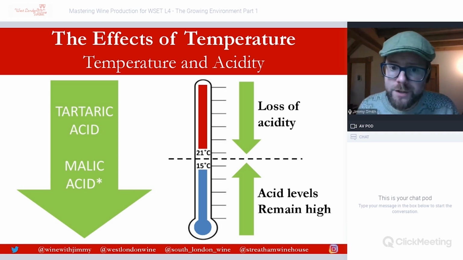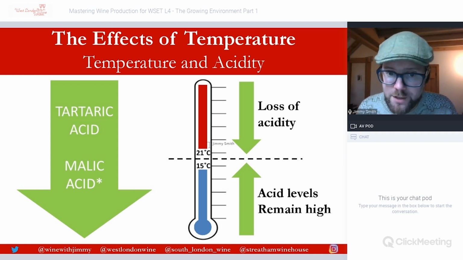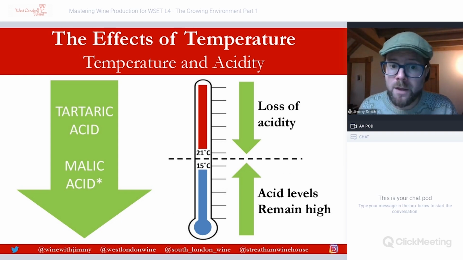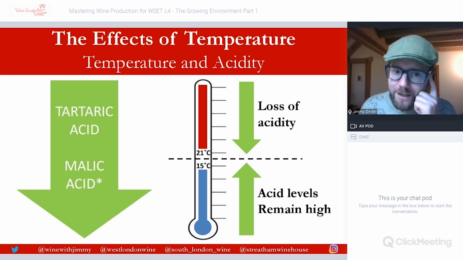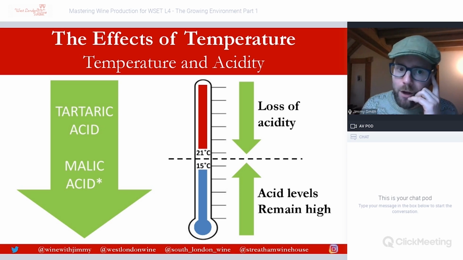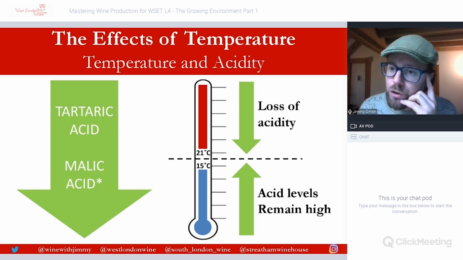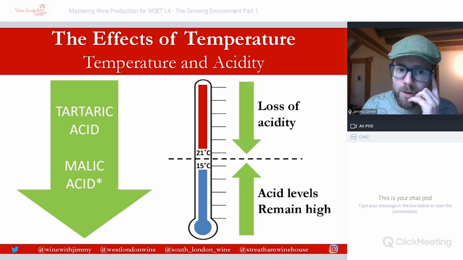Mean temperatures above 21 degrees Celsius, as we've identified here on this little thermometer, that's 70 degrees Fahrenheit, in the final month of ripening can lead to a very rapid loss of acidity, as you see here. So it can lead to quite a quick loss in acidity if it's very high in temperature in the last month of ripening.